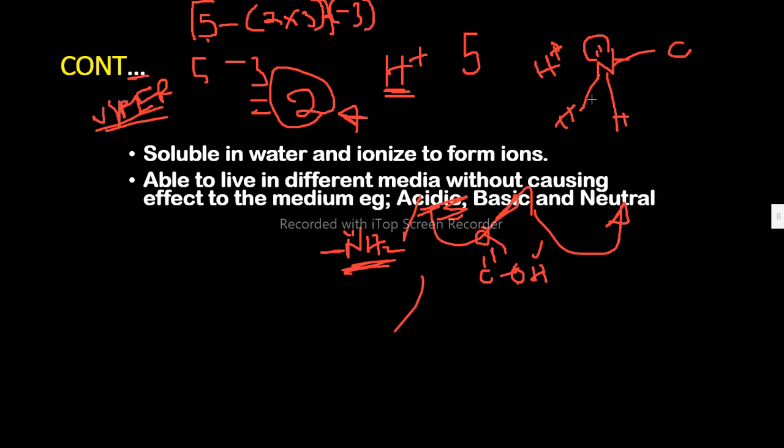Also, in an amino acid, this one is going to be basic and this one is going to be acidic. So depending on which solution you are in, it will determine how these two are going to appear.